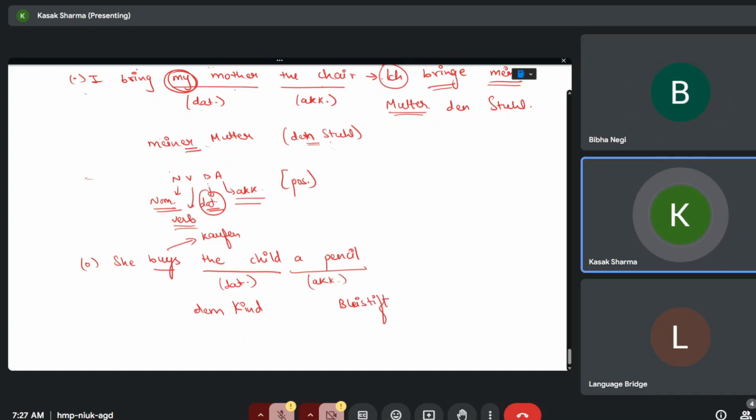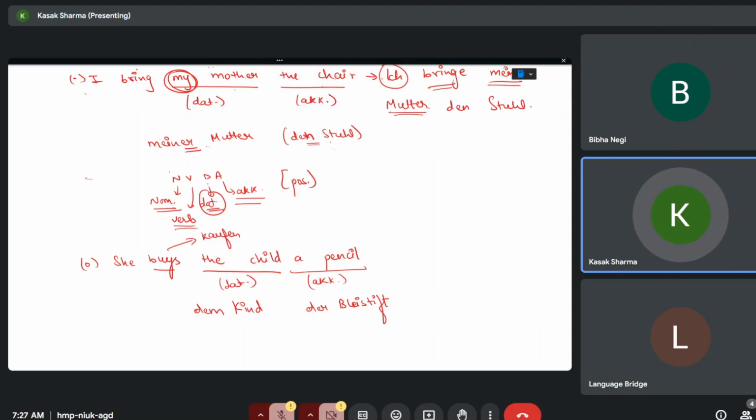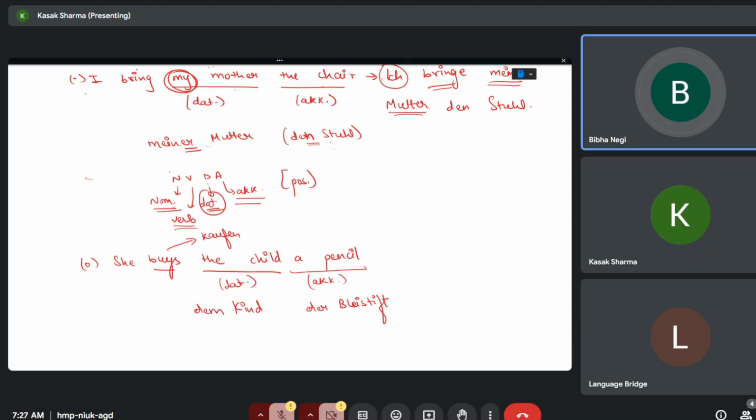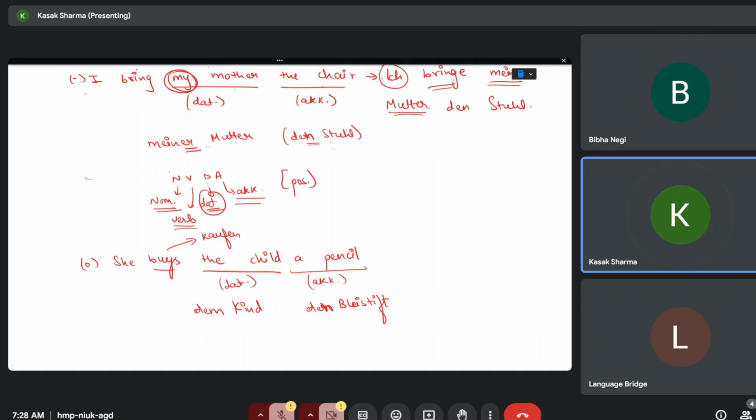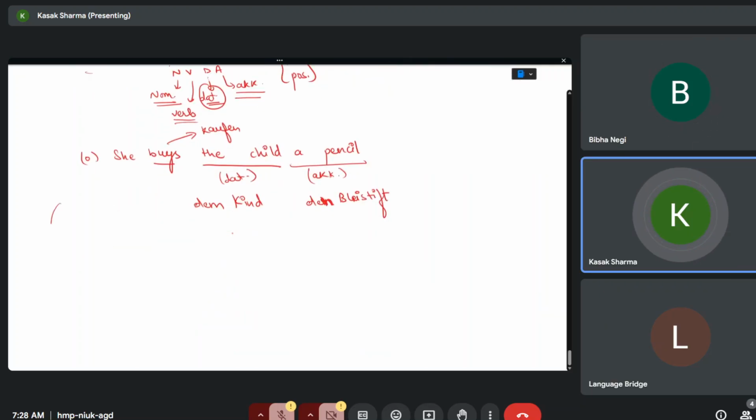Any idea with the article? It is der, and in accusative it will change into den.